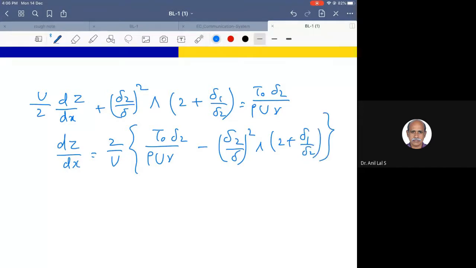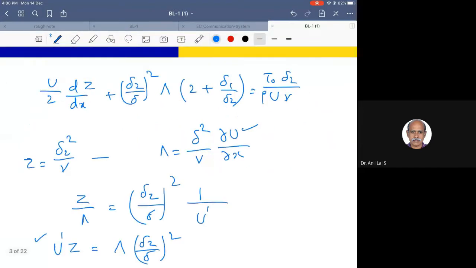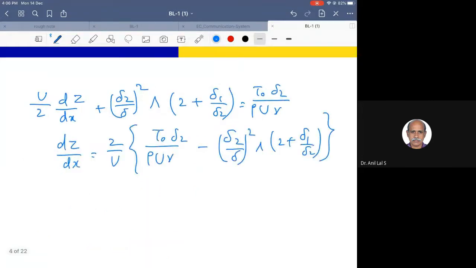That is the kind of equation, and another equation is U dash z is equal to lambda into delta 2 by delta the whole square.